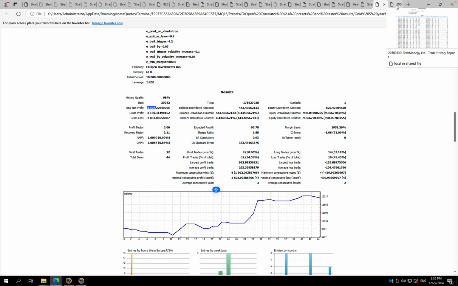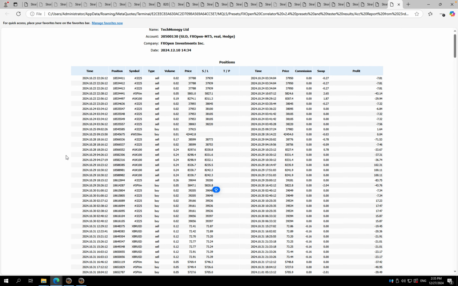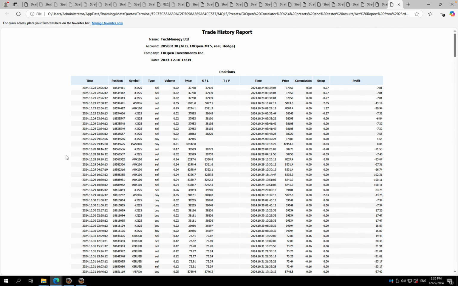So how has this performed altogether? We would expect 5 to 10% return on investment per month, and this is on a real money account between the 24th of October 2024 to the 10th of December 2024.